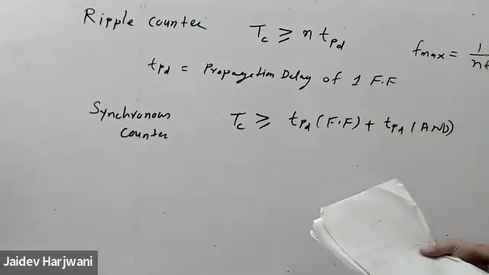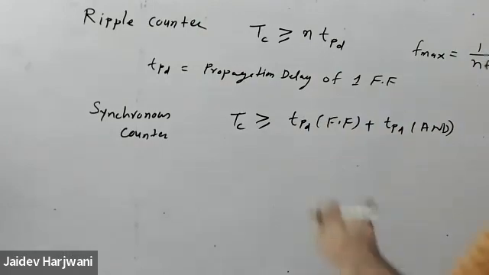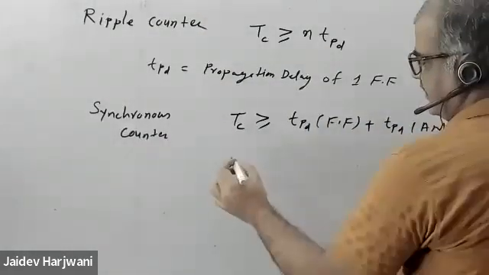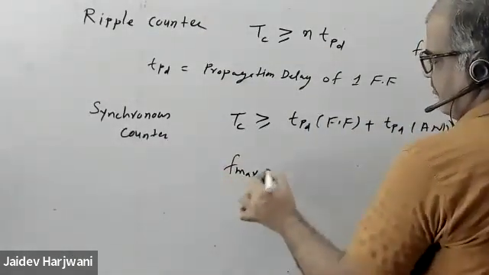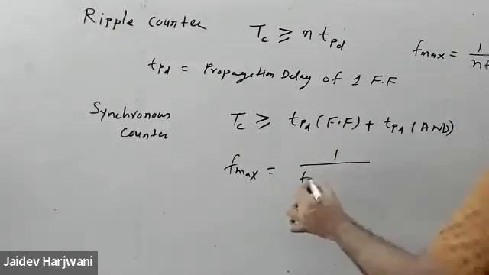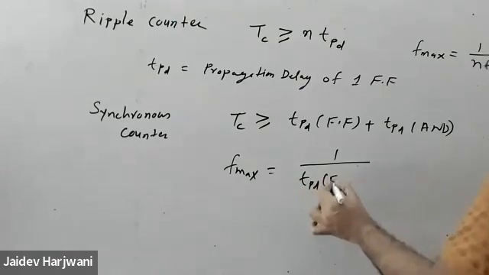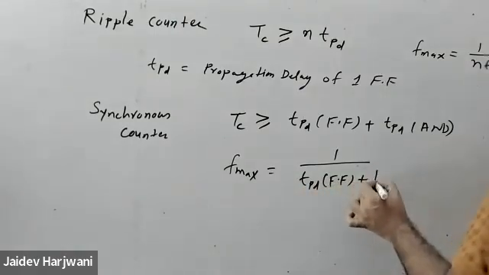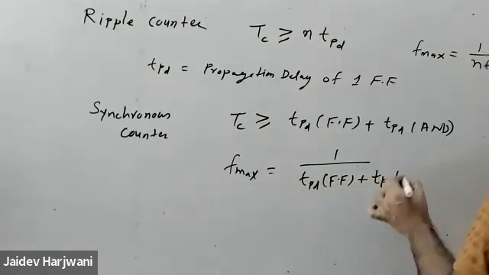This is basically the formula for F max of a synchronous counter. To remember: the propagation delay of one flip-flop plus the propagation delay of the AND gate.